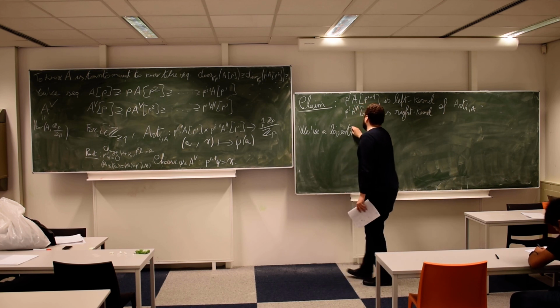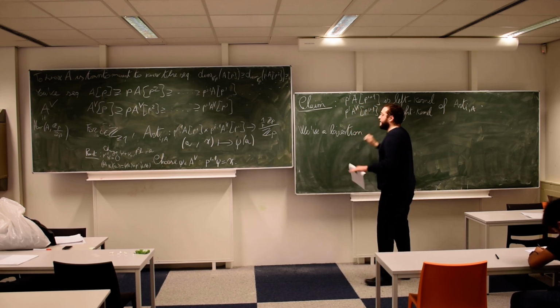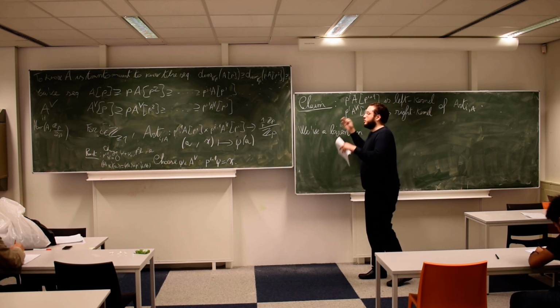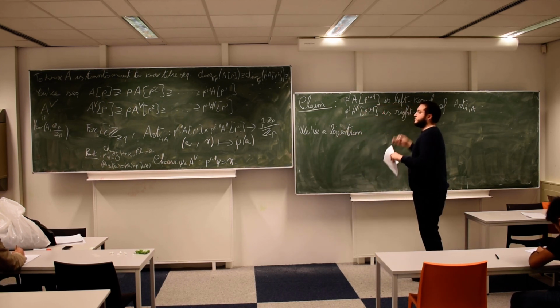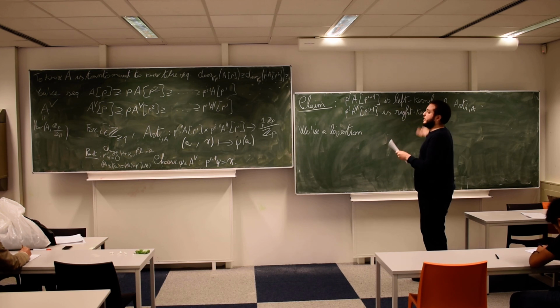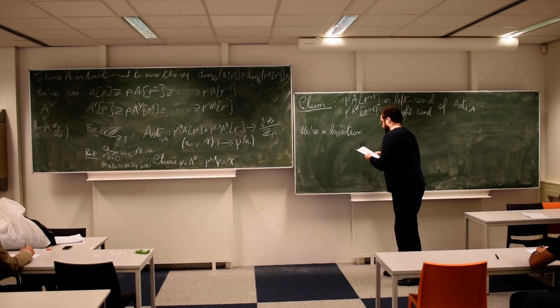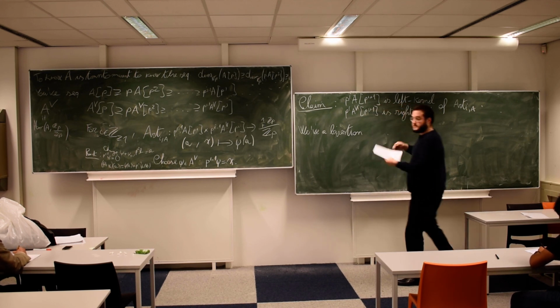I'm doing all this because I want to arrive at saying what Smith actually proved, because he didn't prove directly the 1 over Aut. He proved something that looks very different from it. So I'm doing all the intermediate steps.